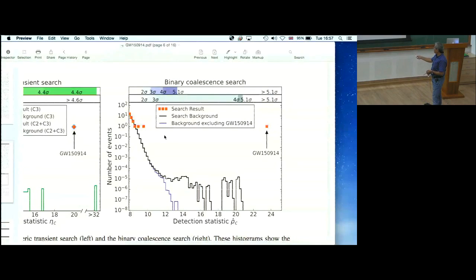If you remove that event and then recompute the background, you get this purple curve. At low signal to noise ratios, the presence of the signal does not matter, but at high signal to noise ratios, it does. So that's the way we compute the background.